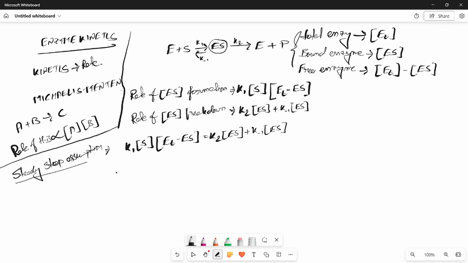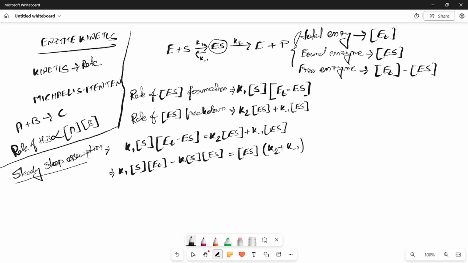How will it look from here? K1 S ET minus K1 S ES equals ES, let's keep it as common, into K2 plus K minus 1.